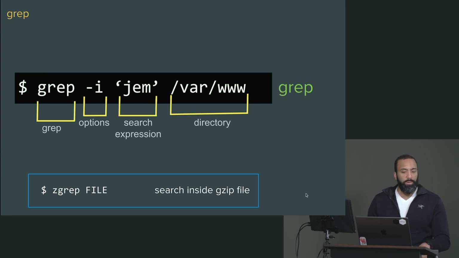And grep takes the options, what expression, a regular expression you're looking for, and then where. And bonus, there's something called zgrep, which lets you look inside zipped files, which is pretty awesome too. You don't have to unzip them to search. You're like, what's the benefit of this? Grep is pretty cool. Grep is the one you're probably going to use a lot more than find.